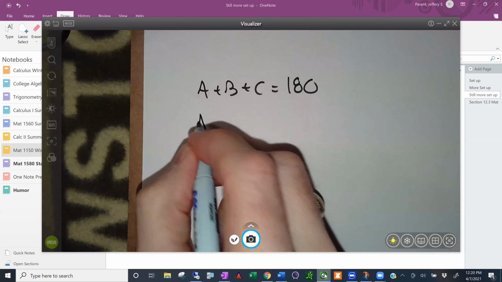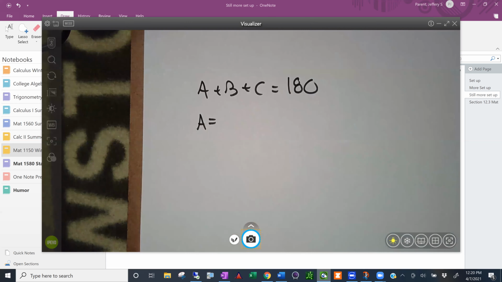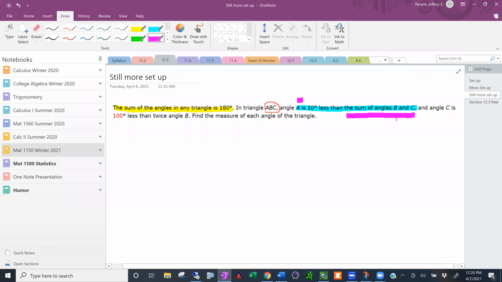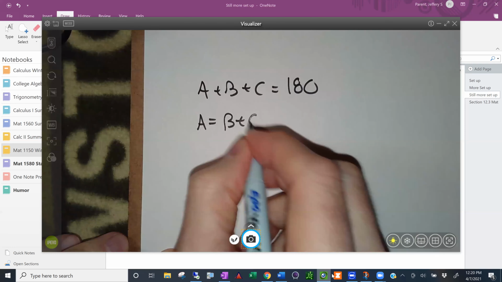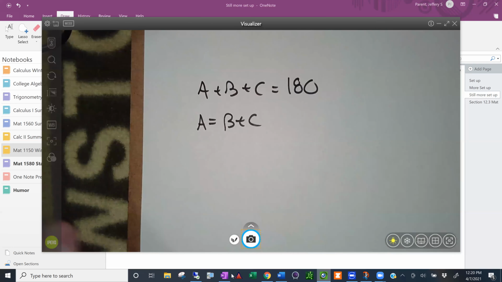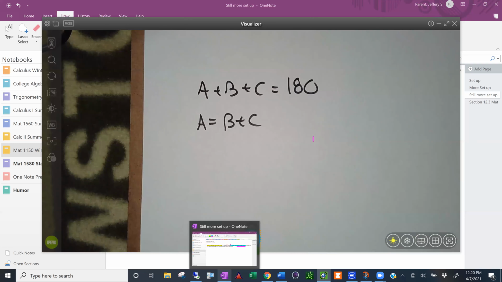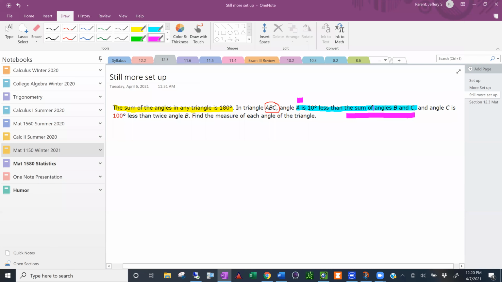A is, so A equals, and whatever follows the word than goes first, the sum of angles B and C. So, okay, that'd be just B plus C. But there's a little bit more in translating this. It's 10 less than that sum.